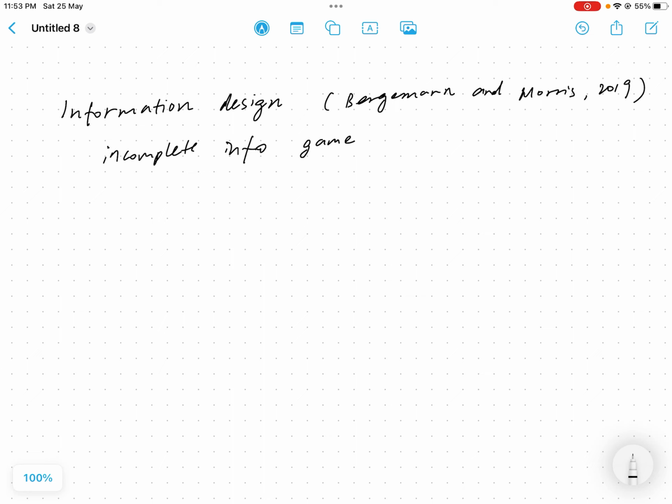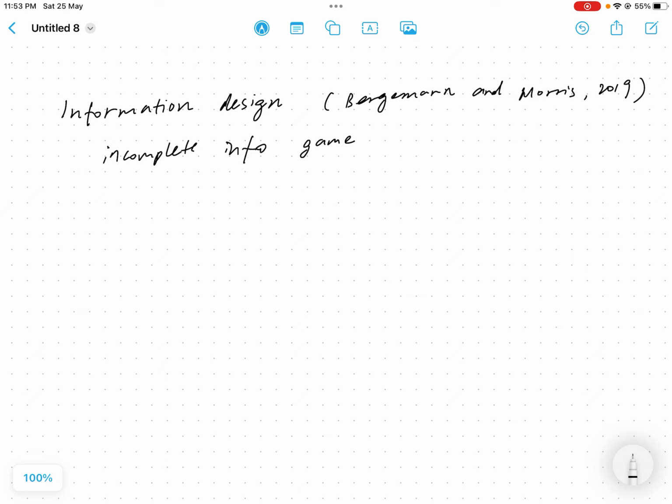Later we'll see how we use the Bayesian correlated equilibrium to simplify, or alternatively to study, the Bayesian Nash equilibrium. We will also see the interesting results and the convenience that brings us. Okay, so now let's get started.